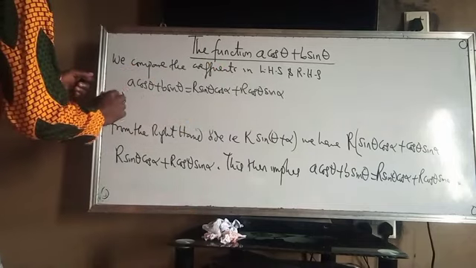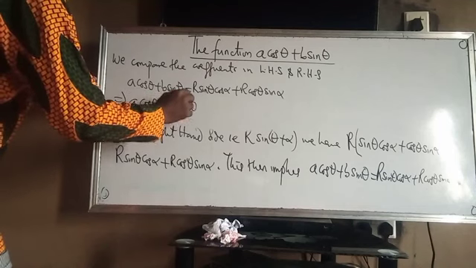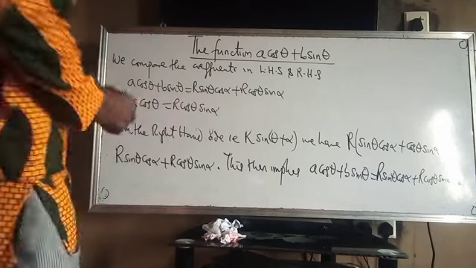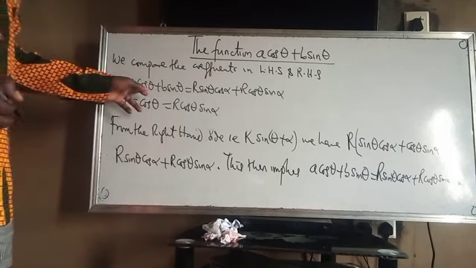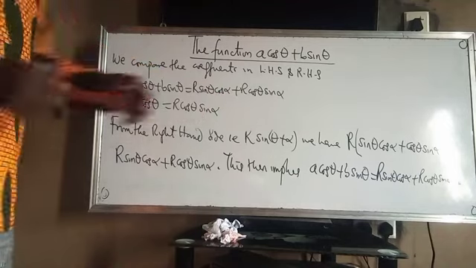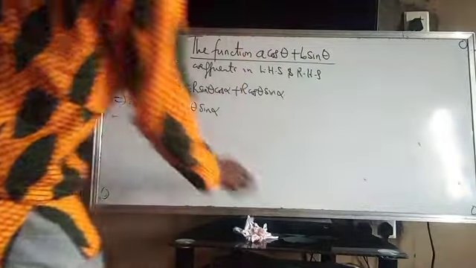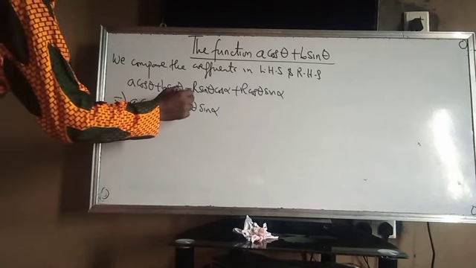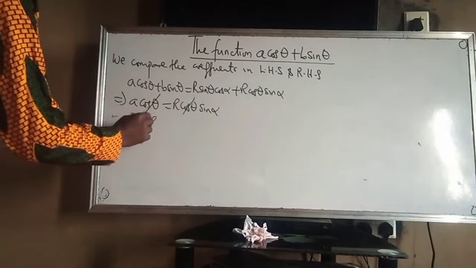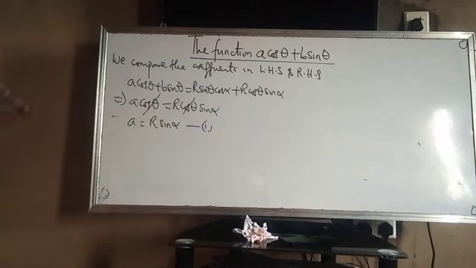That implies a cos theta is equal to r cos theta sin alpha. Remember, this is cos alpha, so you cannot compare it with this; it is cos theta that we are comparing. If you cancel out cos theta, you'll be left with a equals r sin alpha. Let's call this equation 1.